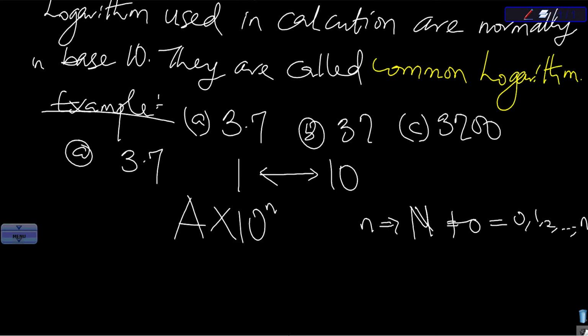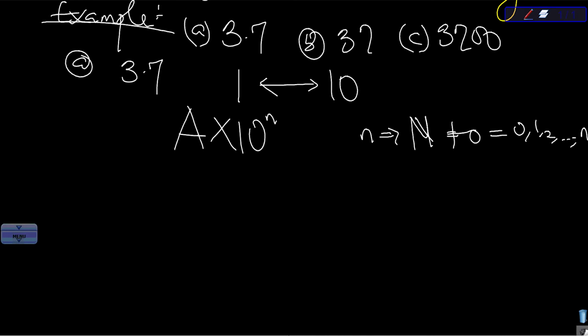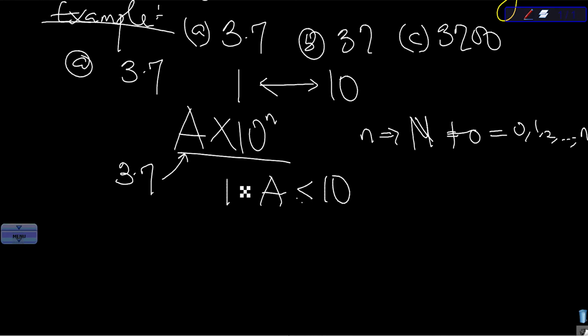So 3.7 satisfies the condition for a, because if this is in standard form, then a must satisfy 1 less than or equal to a, less than 10. So this inequality must be satisfied.